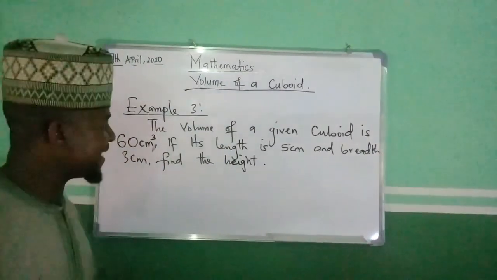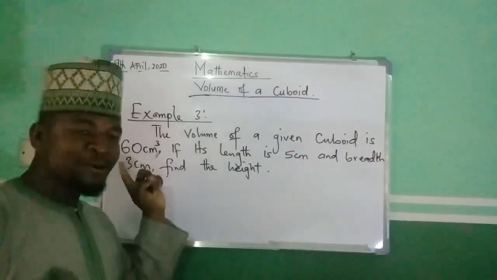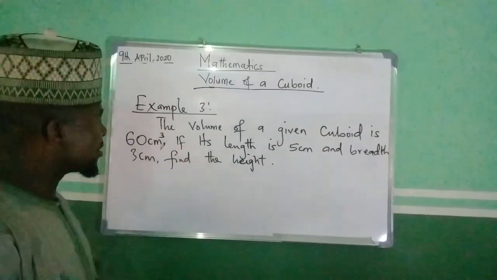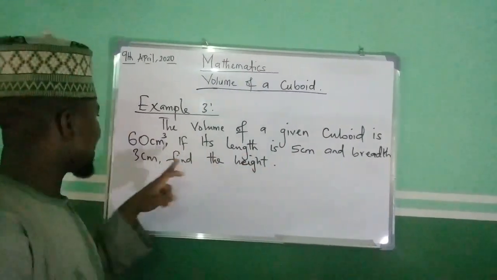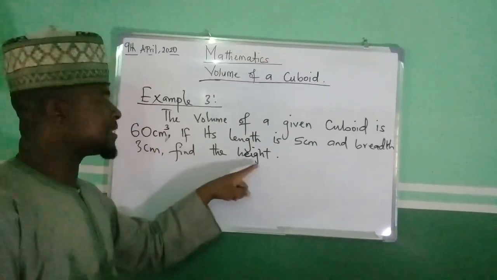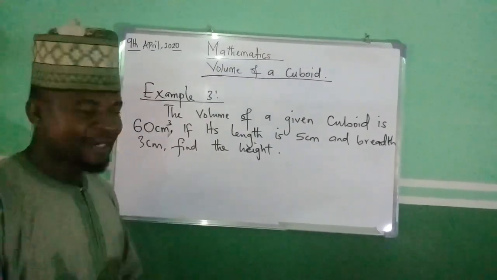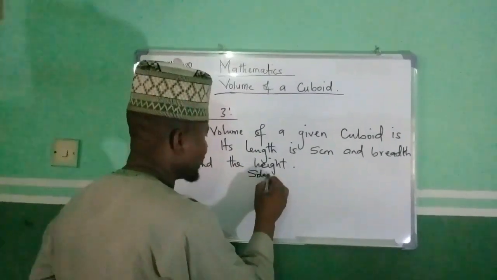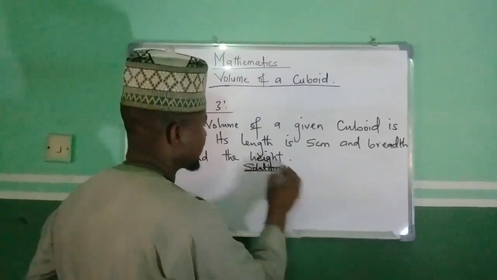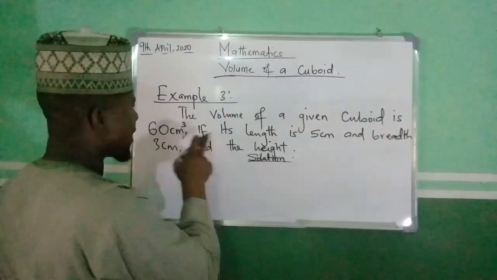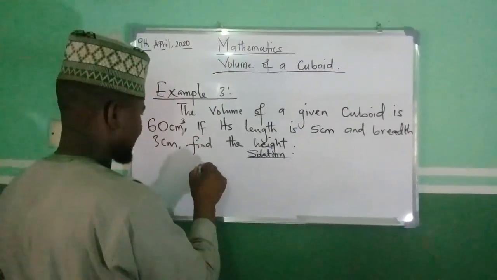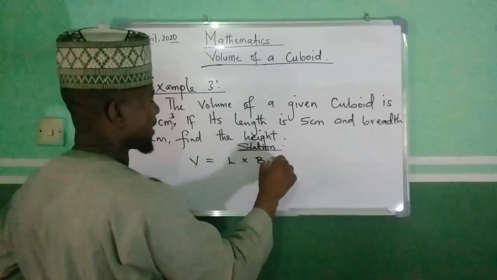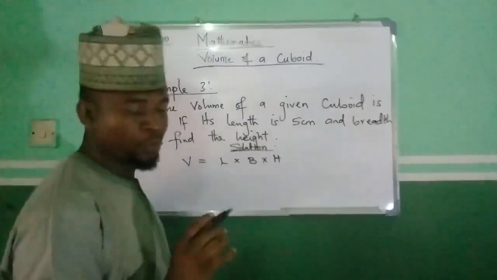So you can see clearly here now that the value for the volume of this cuboid has been given. But you are expected to use the other parameters, the length and the breadth, together with this volume to determine the value of the height. So it is nothing different from what we have been doing. The solution to this problem is, we have V equals length times breadth times height for a cuboid, right?